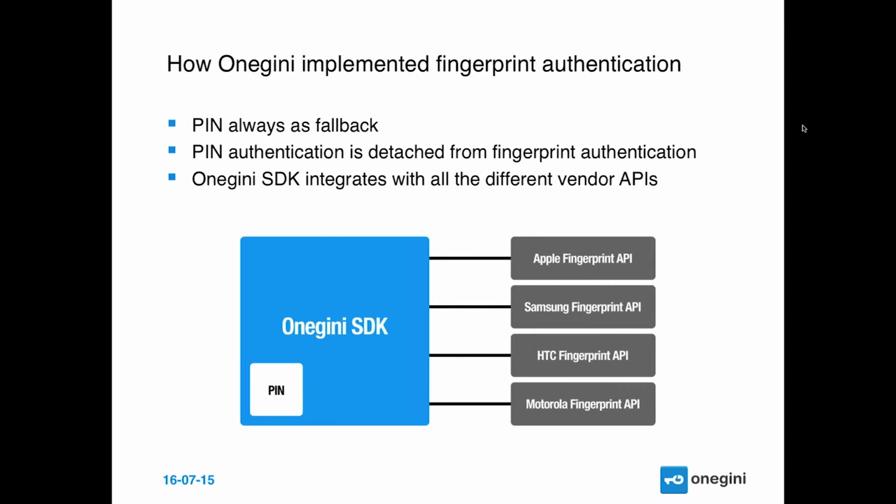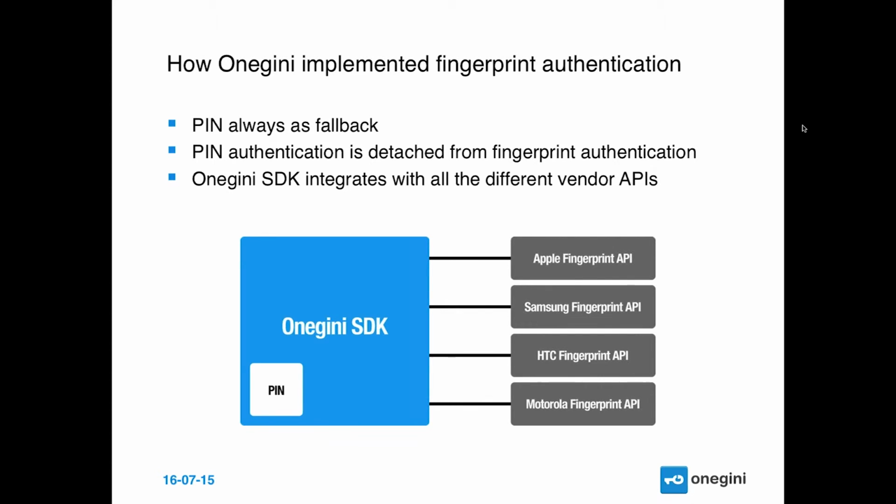So to dig a little bit deeper into the way that we implemented it. At the bottom of this slide, you see a picture of the Onegini SDK. As we already told, there are a lot of different vendors who implemented their fingerprint API, and Android is coming with a new version in which they standardize the fingerprint API, but at the moment there is no standard for this.